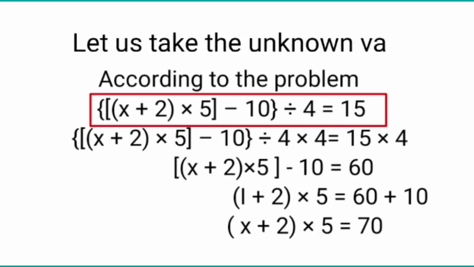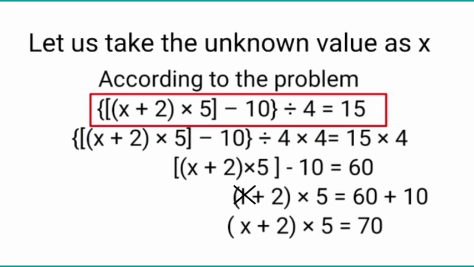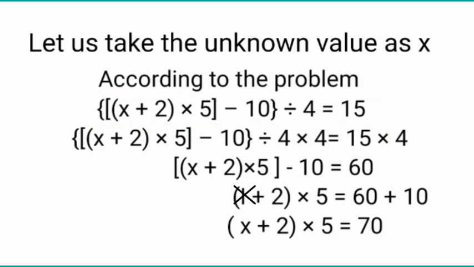Let us take the unknown value as x. According to the problem, we have to add 2 with the unknown number and multiply by 5 and then subtract 10 from that. And finally, we should divide the new number by 4, which will give you the answer as 15.